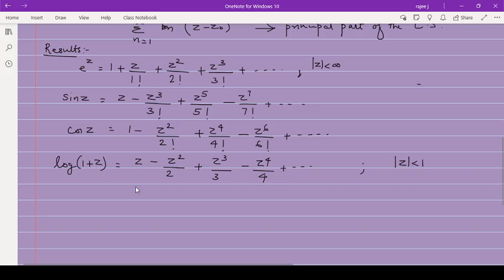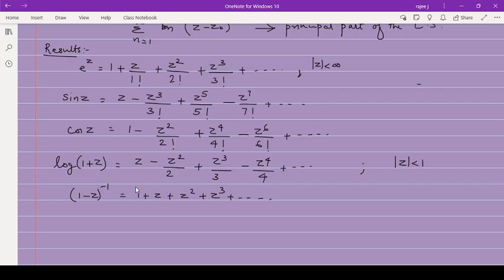And some more power series, you know this one: 1 minus z raised to minus 1 is 1 plus z plus z square plus z cube plus etc. Both being negative, all will be positive here.